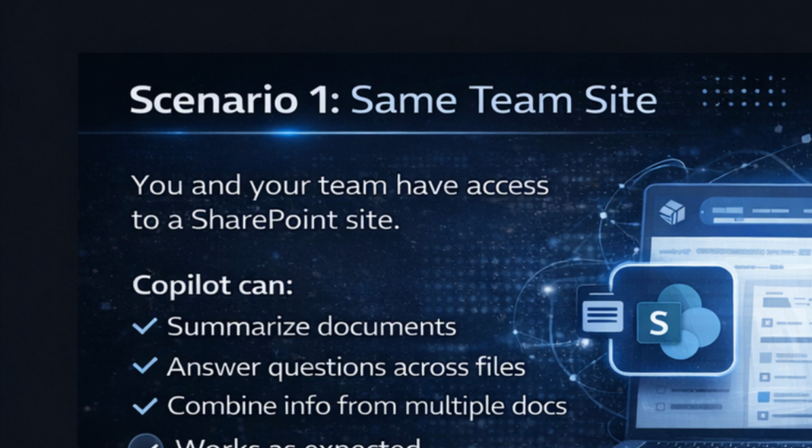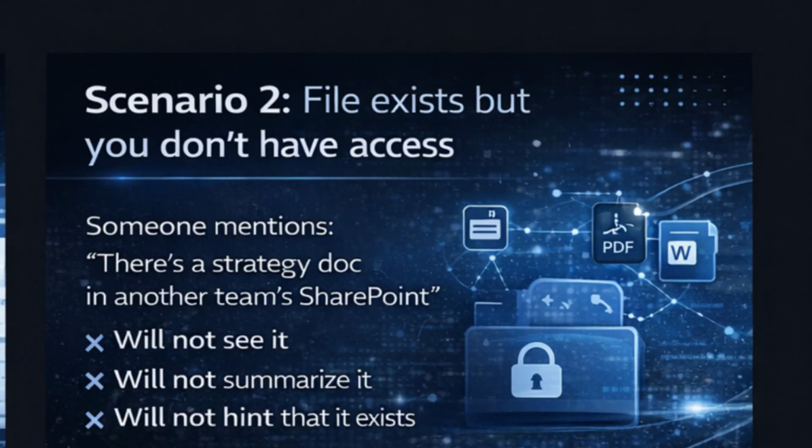Now let's take another example, the second scenario. In this second scenario, a file exists in another team's SharePoint site, but you don't have access to it. So in this case, Copilot cannot see the file, cannot summarize it, and won't even hint that the file exists. This ensures complete data security and zero data leakage. So everyone can be assured that Copilot will keep your information safe.